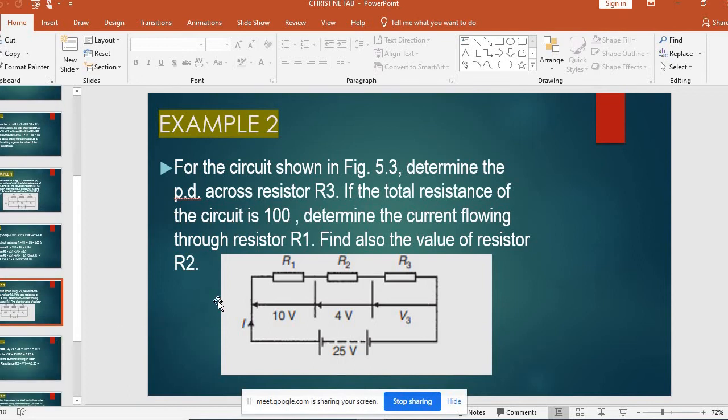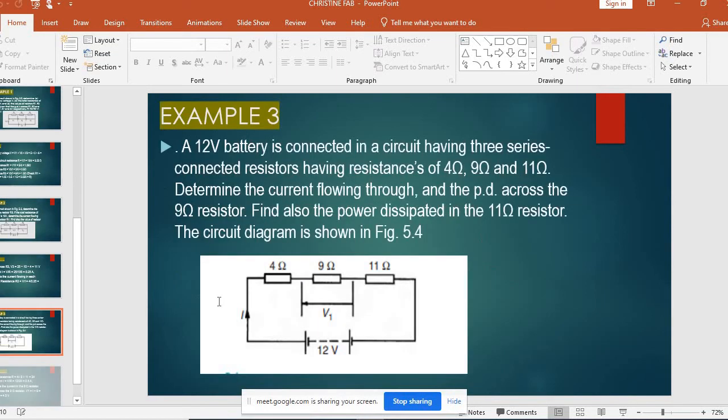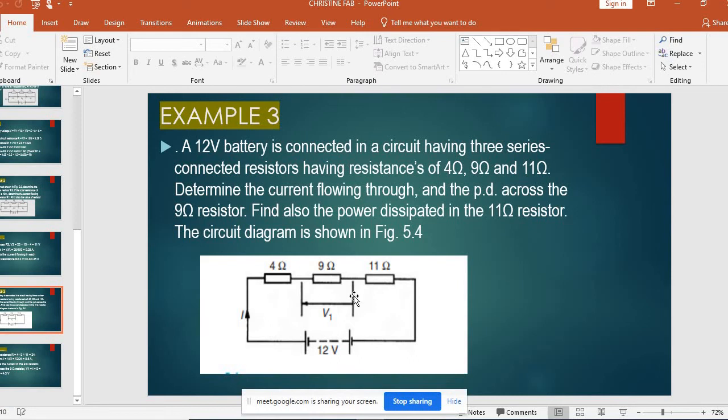Let us do another example, which is example 2. For the circuit shown in figure 5.3, determine the PD across resistor R3. If the total resistance of the circuit is 100 ohms, determine the current flowing through resistor R1, and also find the value of resistor R2.